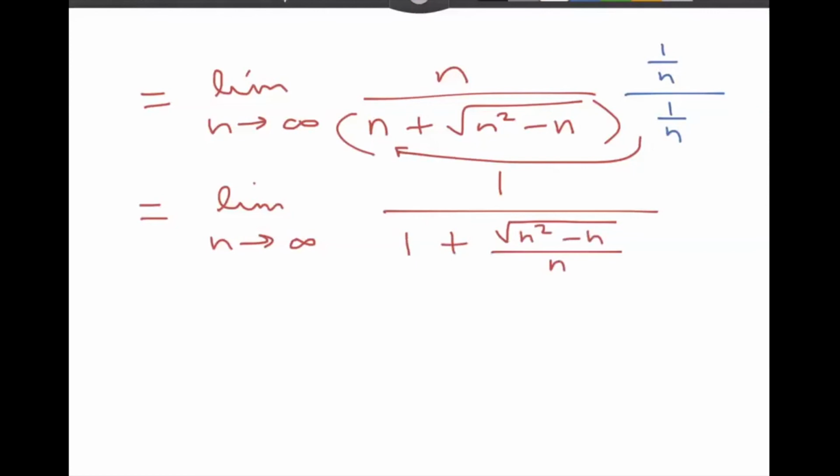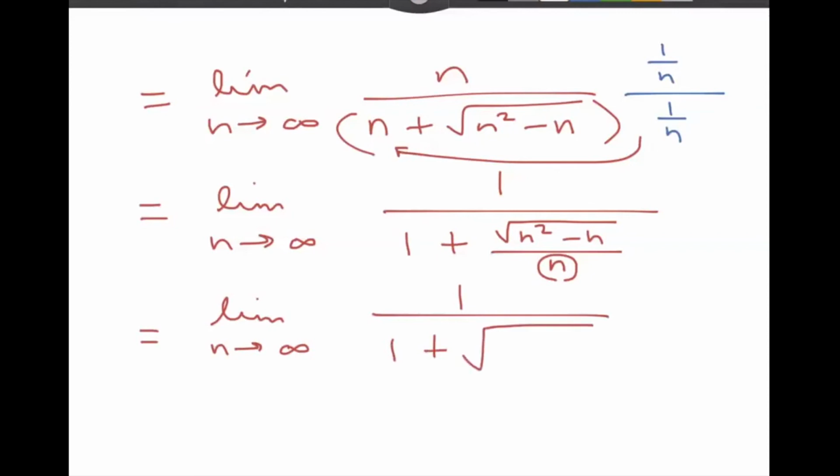Okay, so I have one last trick up my sleeve for that square root expression. I'm going to think of this n as the square root of n squared. And I'm going to push that n squared inside the radical.